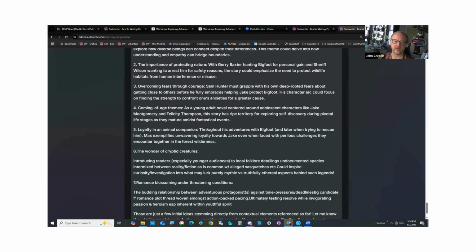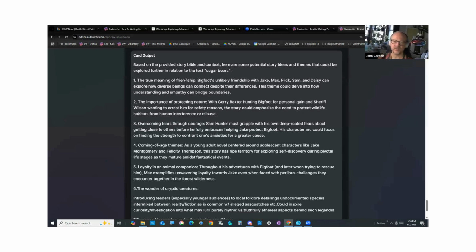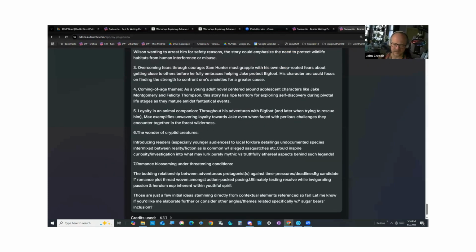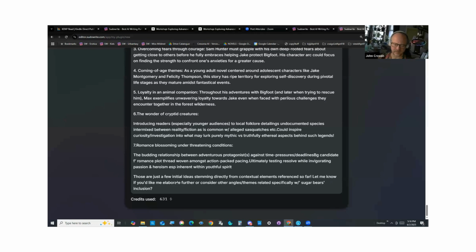The wonder of cryptic creatures, the true meaning of friendship. Anything about sugar bears in here? Even though it says it's going to do sugar bears. Life stages. No, I don't feel like it picked it up.